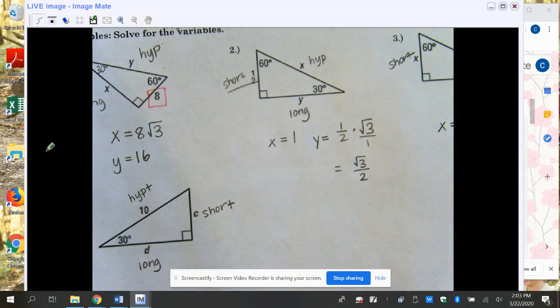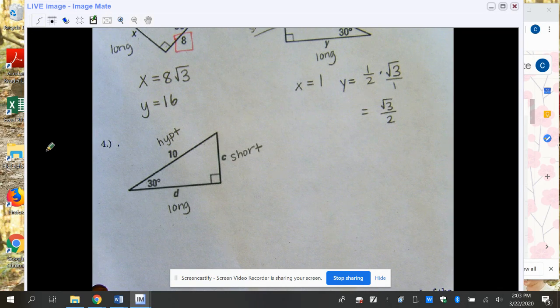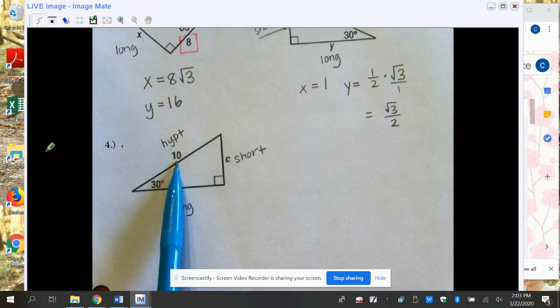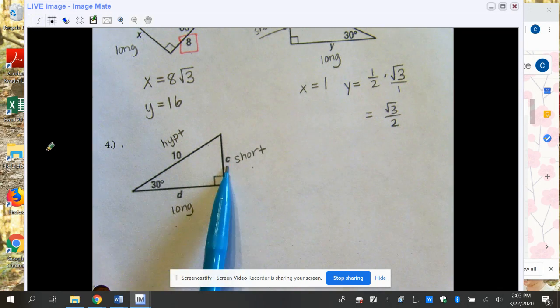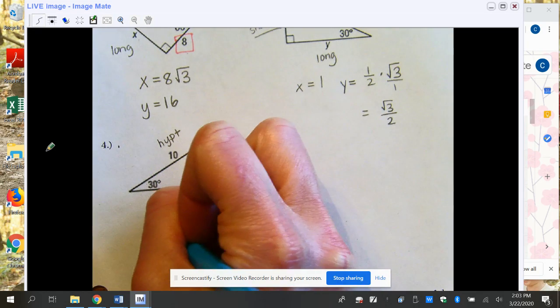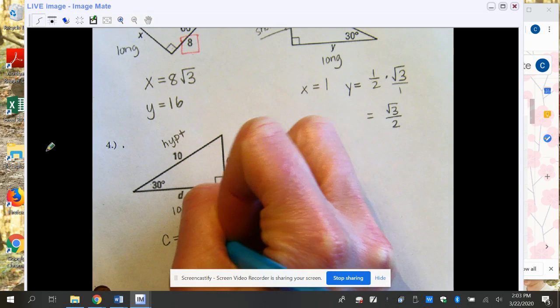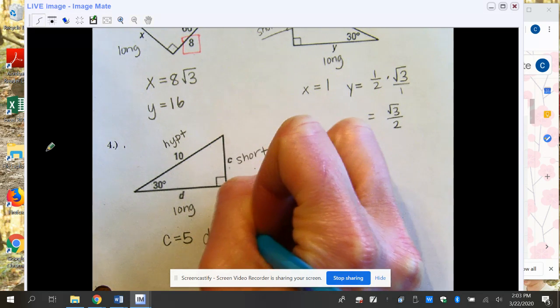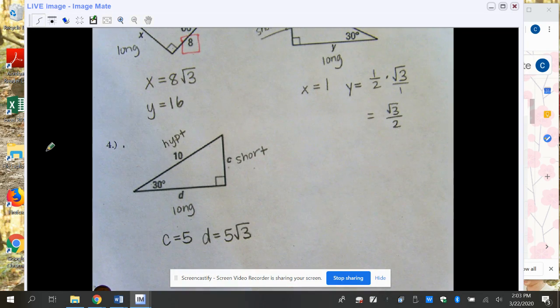So we're again working backwards here. If this is 10 and this is twice as long as this, that means C is going to have to be 5. And D, that long leg's always radical 3 times the short, so that would be 5 radical 3.